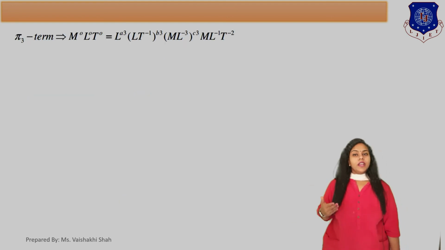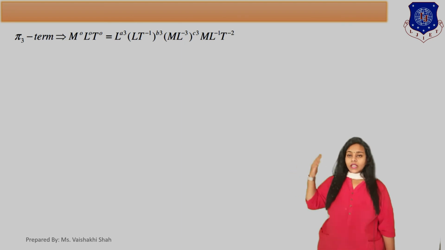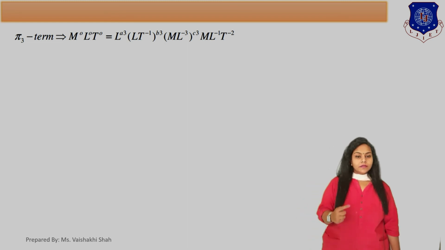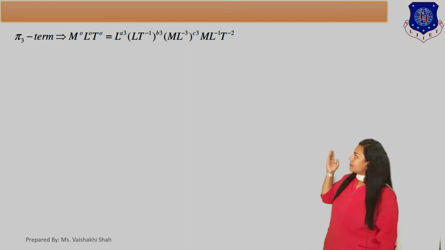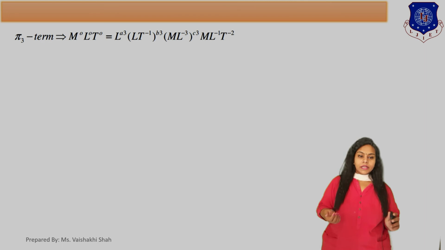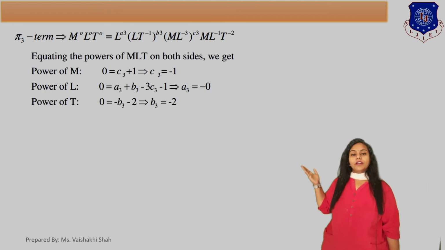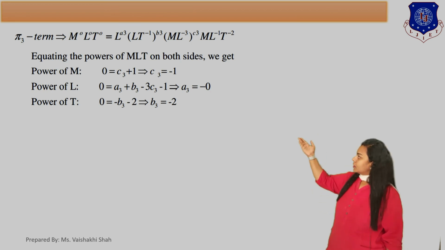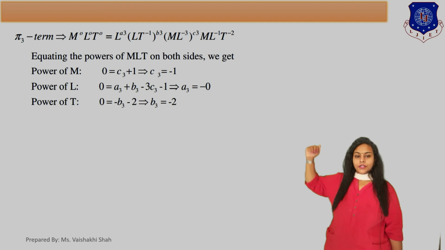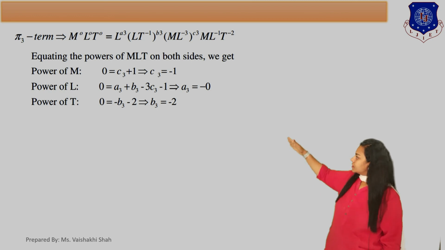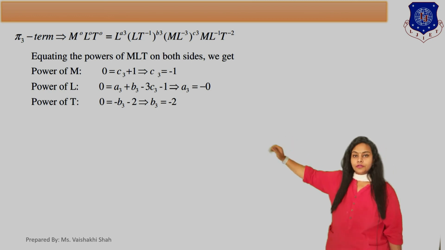Now same way you can solve the π3 term: M0 L0 T0, L raised to a3, L T^-1 raised to b3, M L^-3 raised to c3, M L^-1 T^-2. Equating powers of M: 0 equals c3 plus 1, so c3 equals minus 1. Power of T: 0 equals minus b3 minus 2, so b3 equals minus 2.